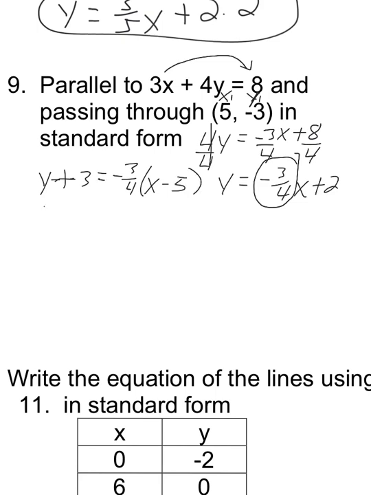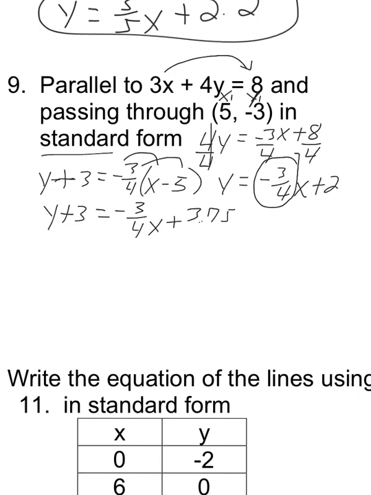Okay, so y plus 3 equals, distribute. -3/4 times x is -3/4 x. -3/4 times -5, a negative times a negative is a positive. 3 times 5 is 15 divided by 4. 15 divided by 4 comes out to 3.75.